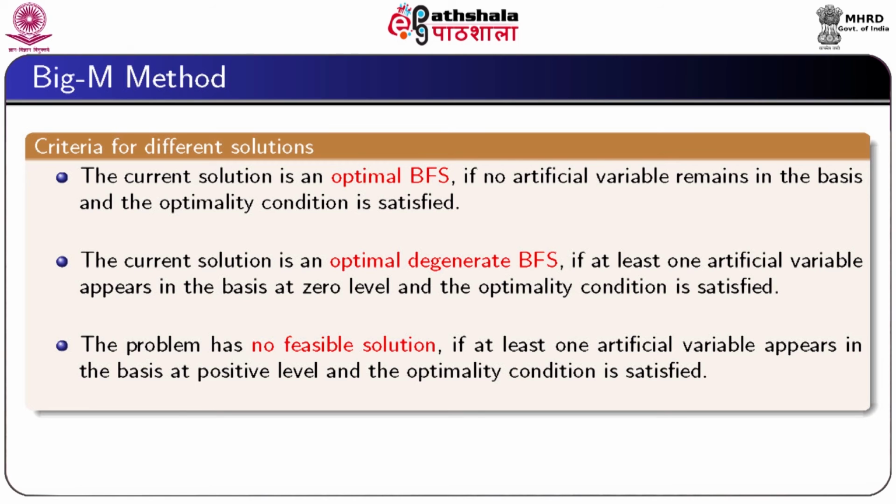The current solution is an optimal degenerate basic feasible solution if at least one artificial variable appears in the basis at 0 level and the optimality condition is satisfied. The problem has no feasible solution if at least one artificial variable appears in the basis at the positive level, though the optimality condition is satisfied.